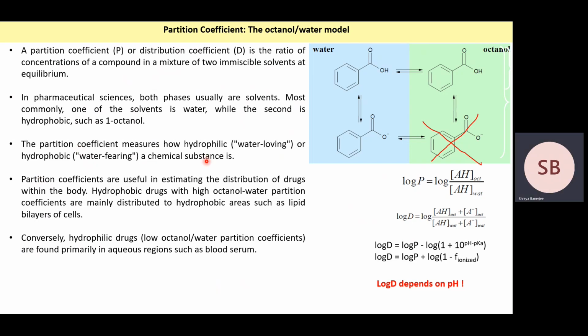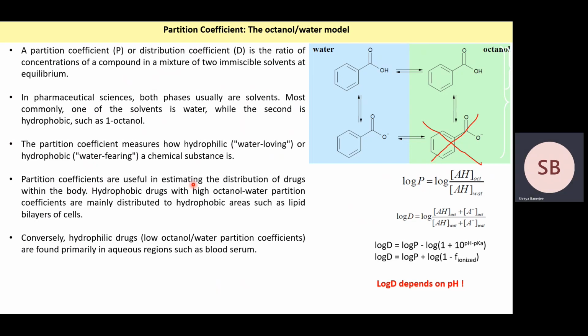The partition coefficient measures how hydrophilic, that is water loving, or hydrophobic, that is water fearing, a chemical substance is. So if the chemical substance is hydrophilic, then its concentration in water will be much higher, and the log will become negative. And if it is hydrophobic, then the concentration in octanol will be much higher, and this whole thing will become positive.